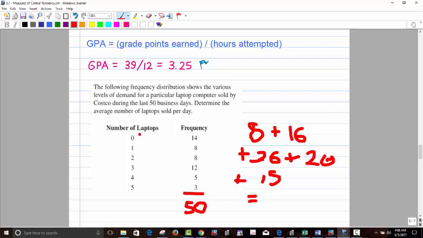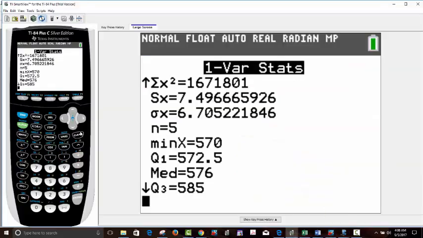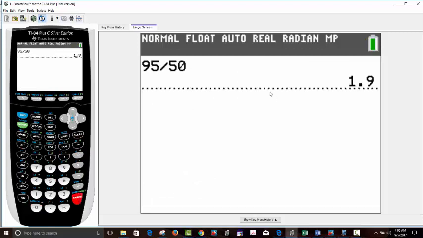I'm just having to use a regular mouse here, so that's why it looks so bad. 24, 60, 80, 95. So I get 95 divided by 50. So they were selling an average of 1.9 computers per day.